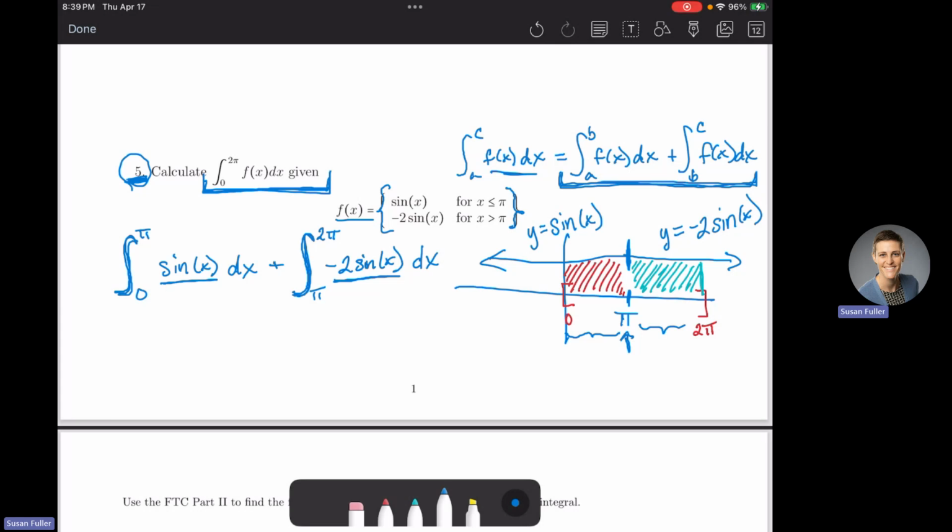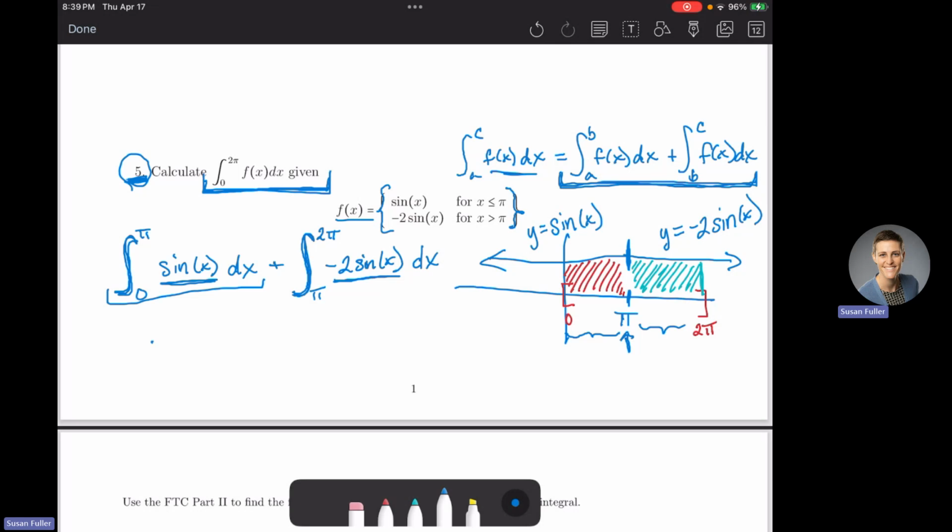Okay, so now to find this area, we've split this up, and now we're going to evaluate each of these integrals with the fundamental theorem of calculus part 1. So the noodle says find the antiderivative. What function has a derivative of the sine of x? If the sine of x is my derivative, what did my OG have to be?